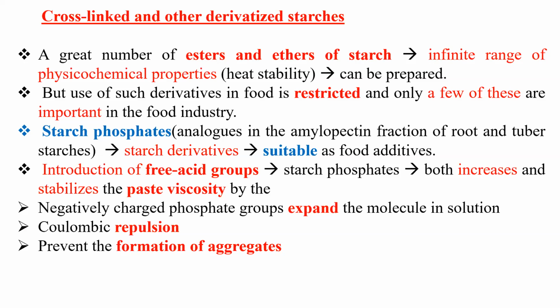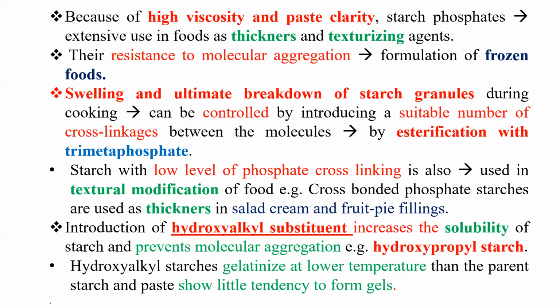To prepare starch phosphate, free acid groups are introduced into the starch. Starch phosphates both increase and stabilize the paste viscosity. The negatively charged phosphate groups expand the molecule in solution by Coulombic repulsion and prevent the formation of aggregates.